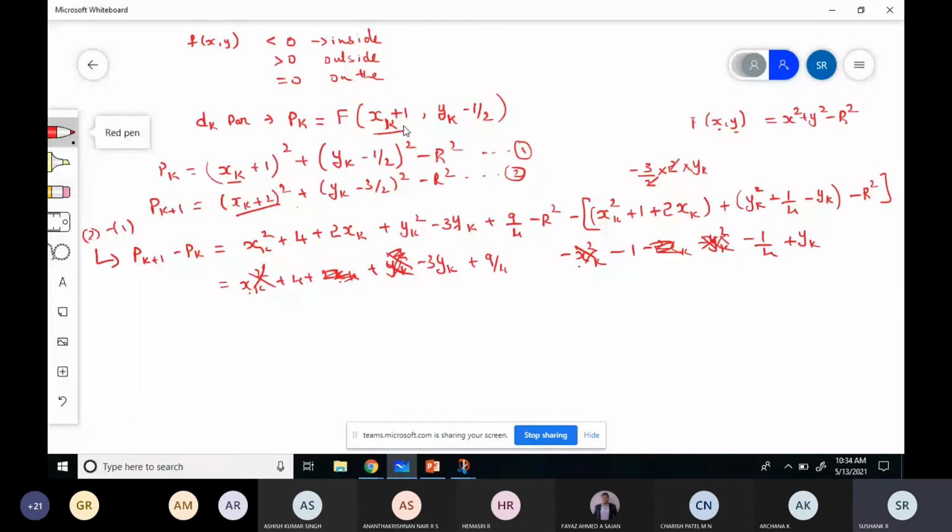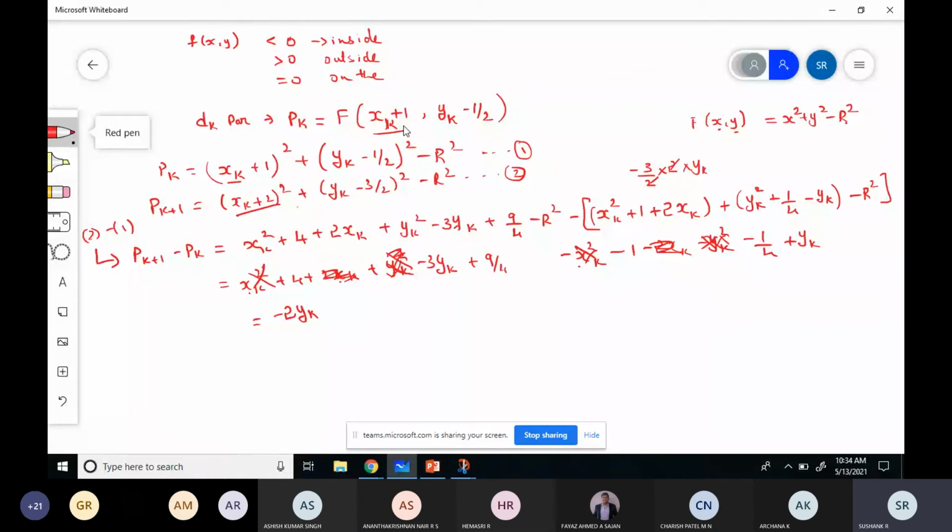Then what is left out? Let me check. 4 is there. From here 9 by 4 is there. And yk minus 3yk will be minus 2yk.